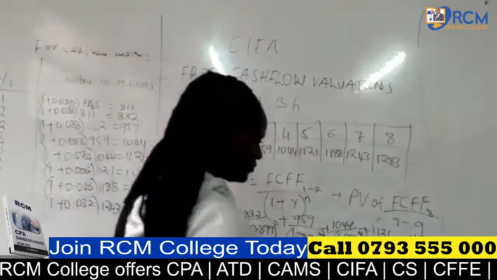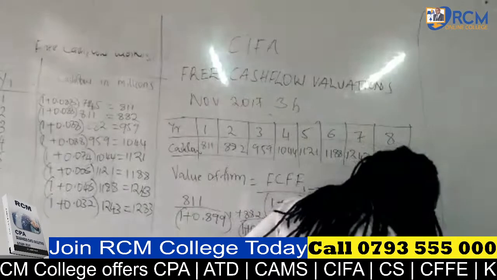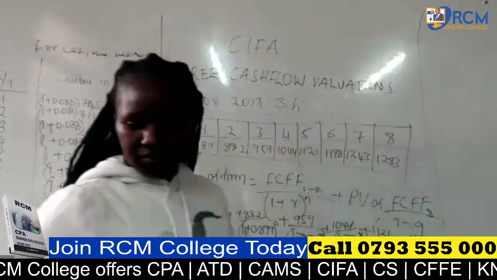Year 7 equals 682. And how much is the total?